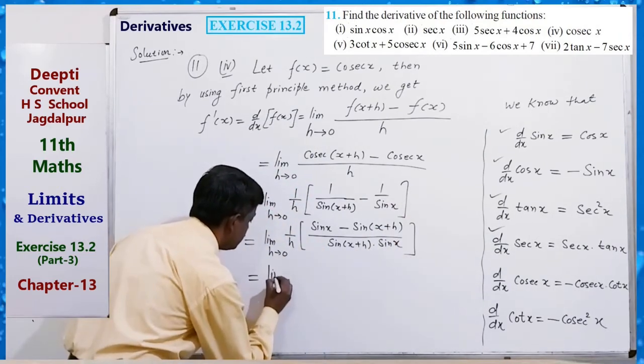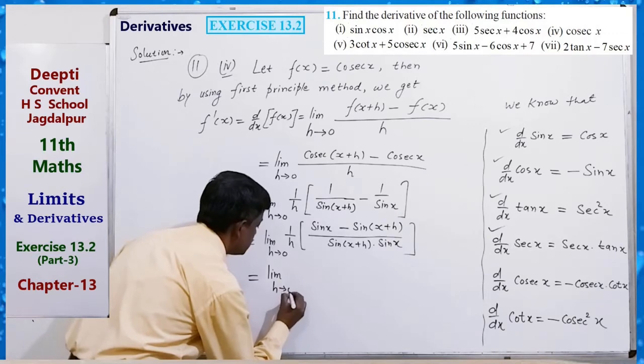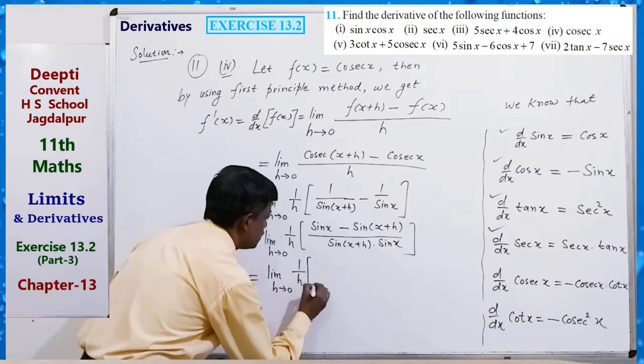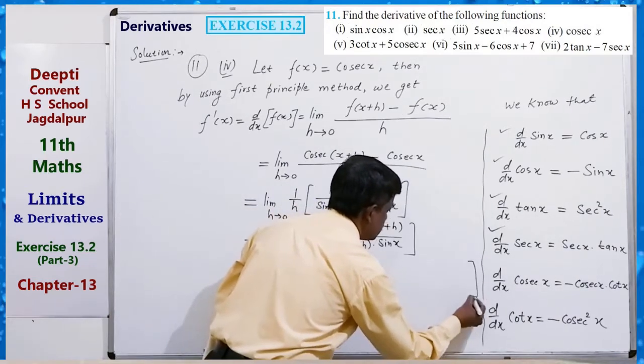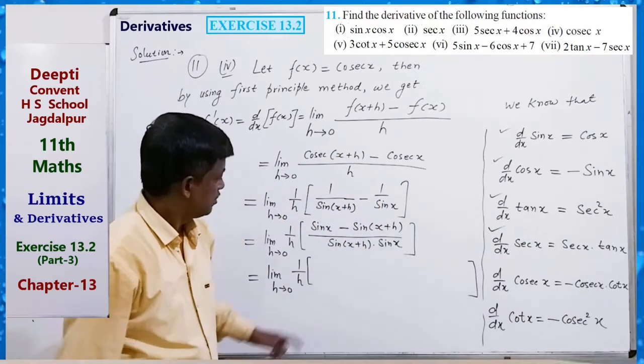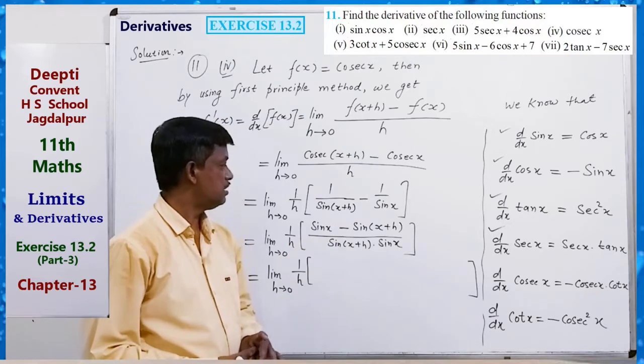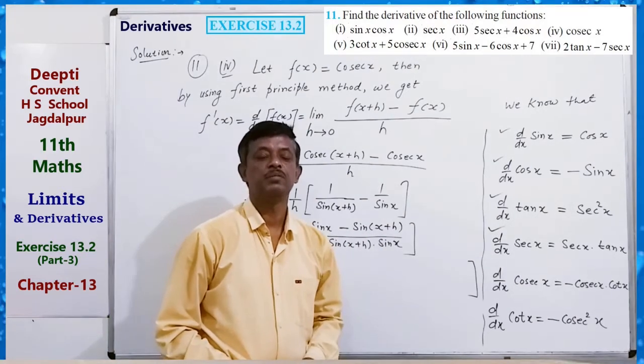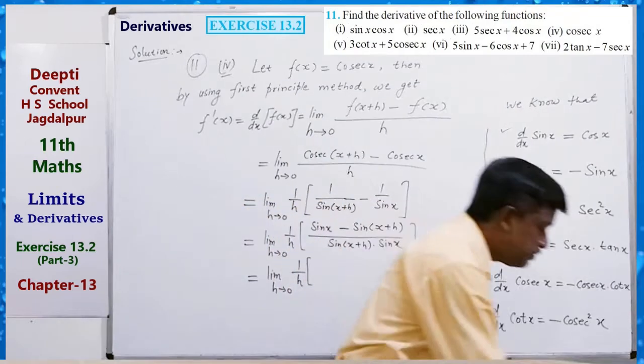So here limit h tending to 0, 1 upon h. Now here also you can use any of the formulas: sin C minus sin D or sin A plus B formula you can also use here.